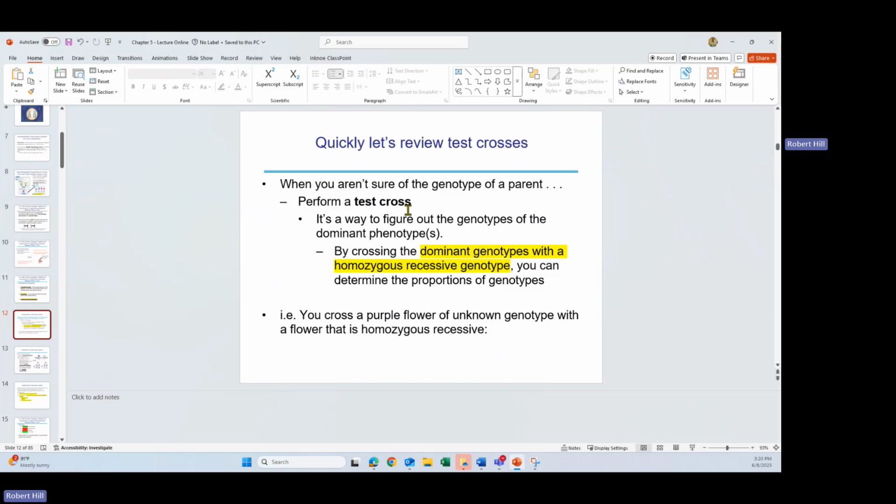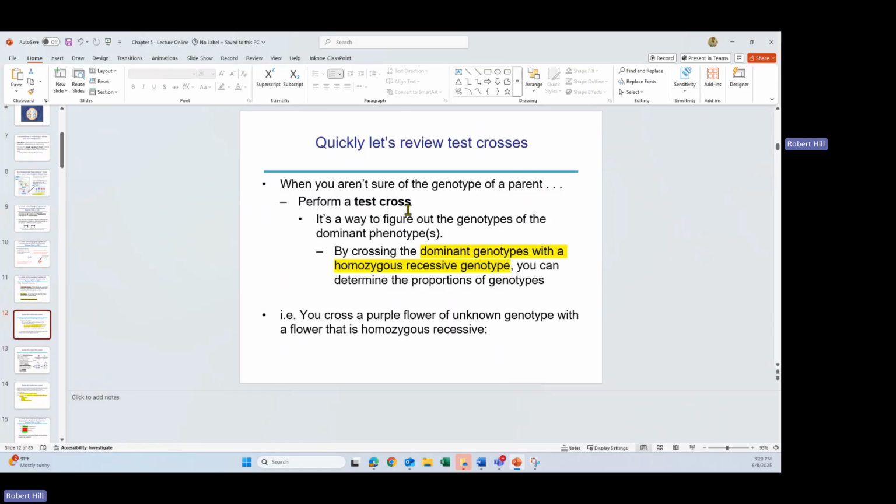In fact, moving forward, when you see crosses done, I'd say 75% of the time, what you're looking at from here on out is in fact a test cross, because a test cross is a way to figure out the genotypes of 2 possible dominant phenotypes, right? So remember, the recessive phenotype is easy because the genotype has to be homozygous recessive.